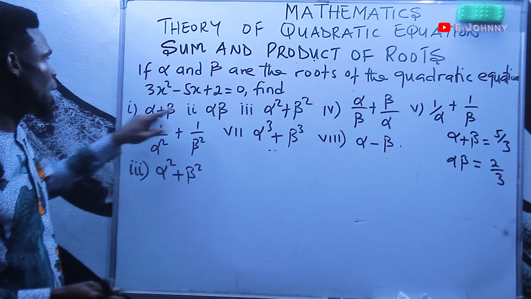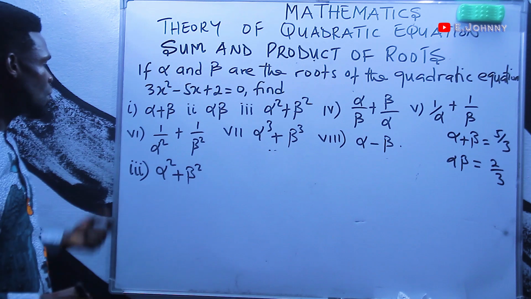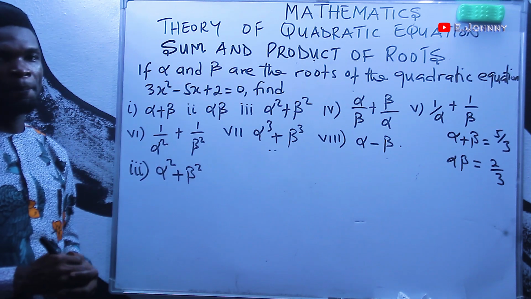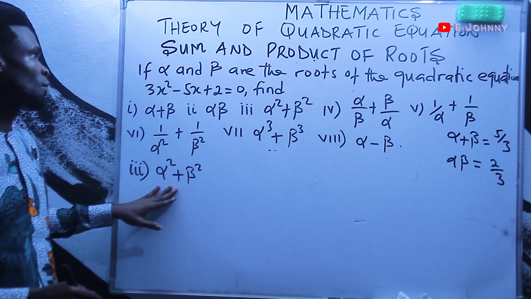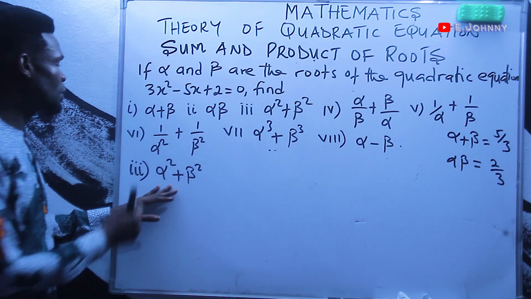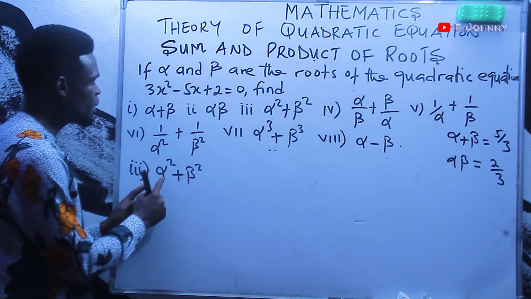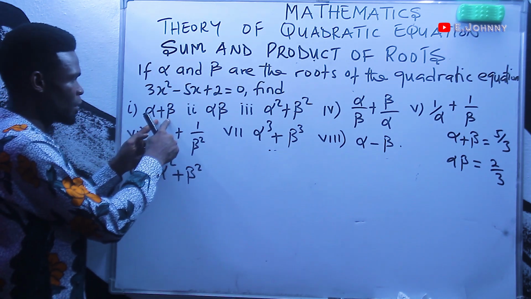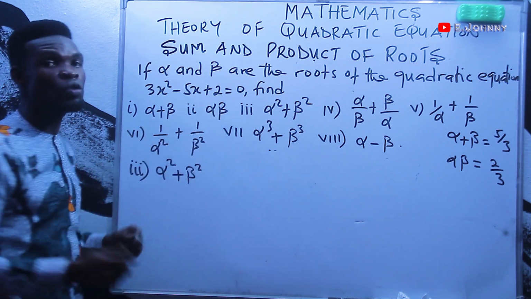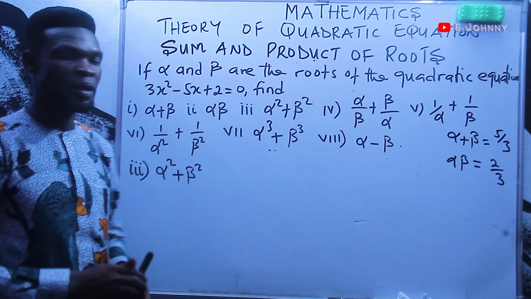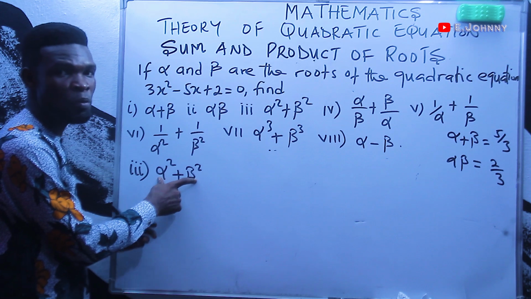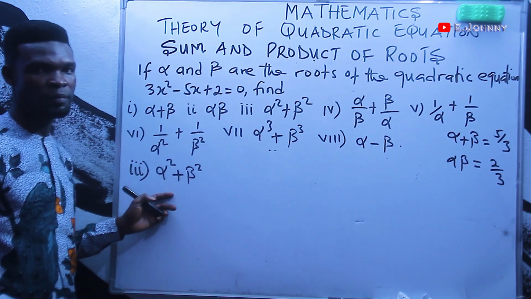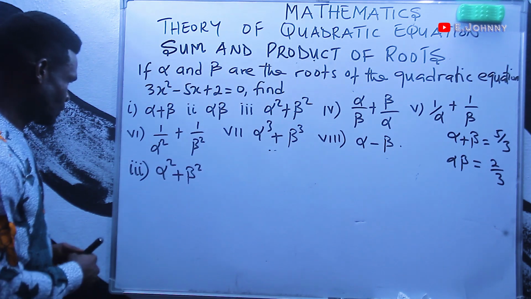Now that you are asked to find alpha squared plus beta squared, there is nothing like this. But the fact is that inside alpha squared plus beta squared, there is alpha plus beta and there is alpha beta. So your duty as a student is to break these to be able to obtain your alpha plus beta and alpha beta. So let's go there.